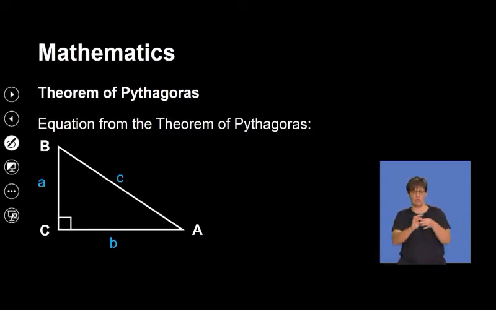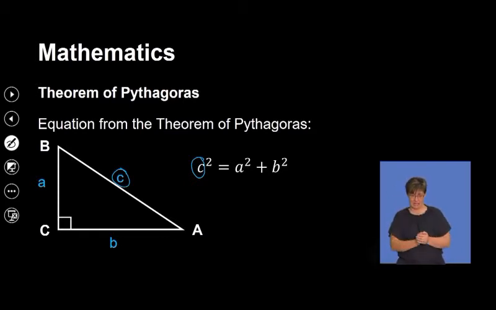As you remember, I said we name the sides according to the opposite vertices. So the theorem of Pythagoras, if I say it in words, is: the square of the longest side is equal to the sum of the squares of the other two sides added together. So as you can see, it's a squared plus b squared. But you won't really be required to state it in words. You just need to understand the equation, because that's the main thing that we deal with.